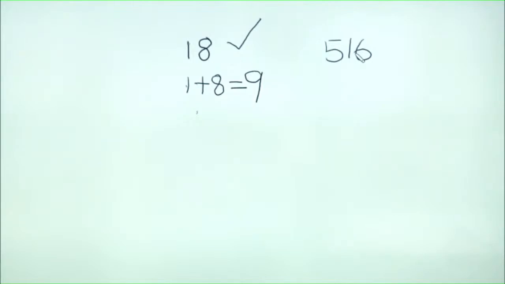The digits are 5, 1, and 6. So let's add everything and see. 5 plus 1 plus 6. What is the sum? 5 plus 1 is 6. 6 plus 6 is 12.